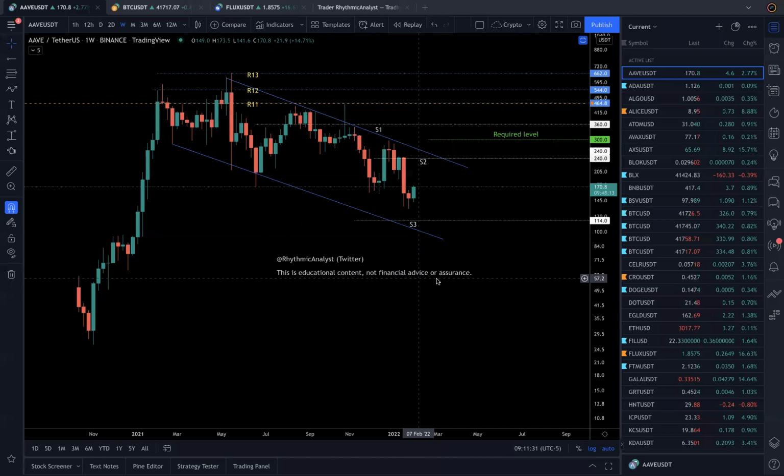For an example, Bitcoin is at the same level as last February, approximately 40K, so it's more like a flat or sideways move, whereas Aave is descending. Some of the coins like Luna or FTM made a new all-time high.